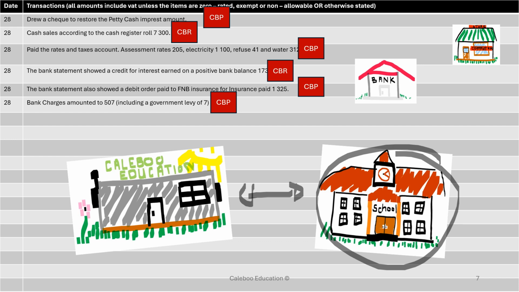In the month of February, Caleboo Education started trading. It wasn't only cash anymore, but there were credit transactions involved as well. And we allowed the school to open an account with us, and we sold to them on credit.